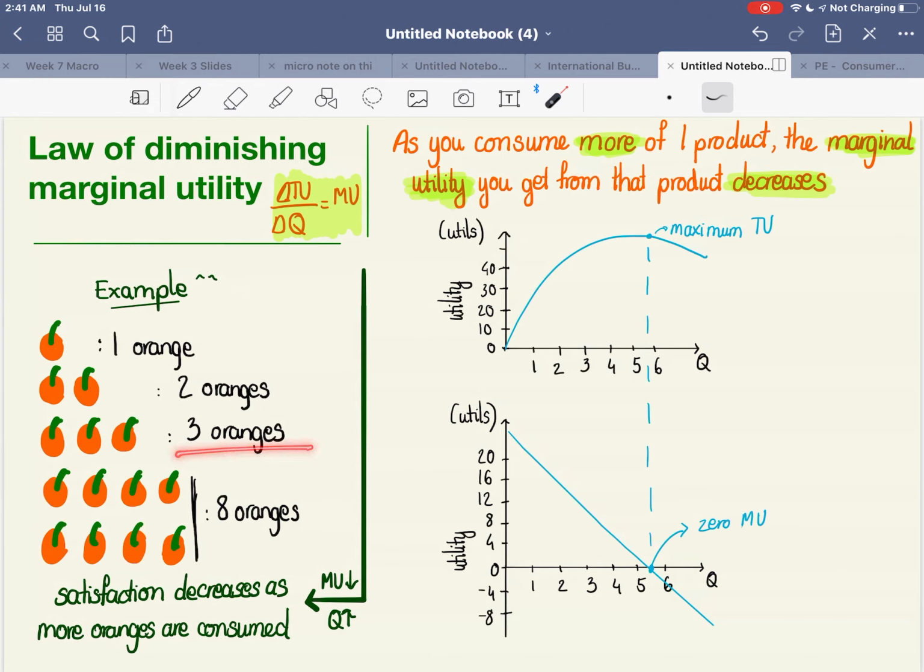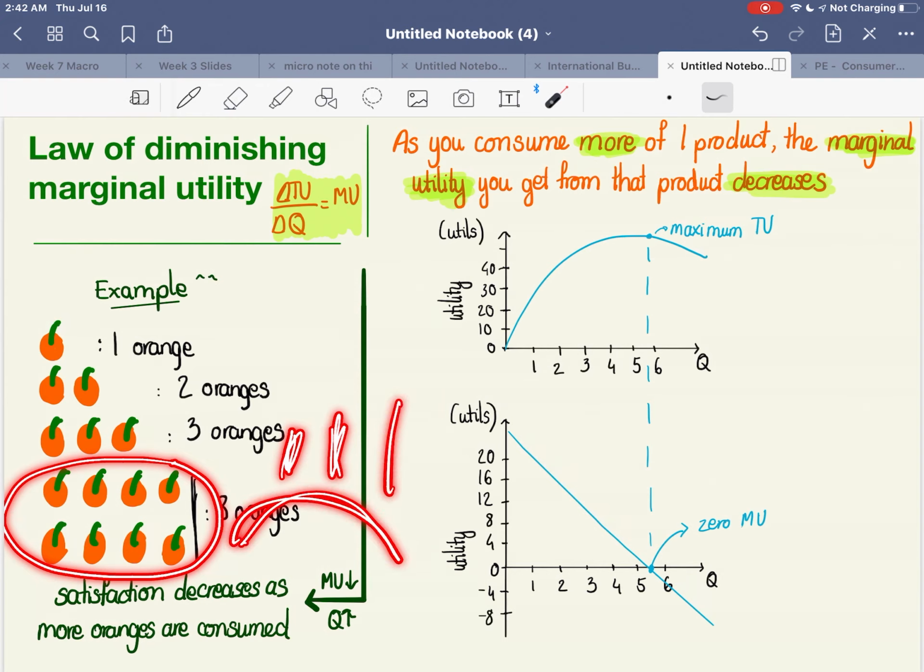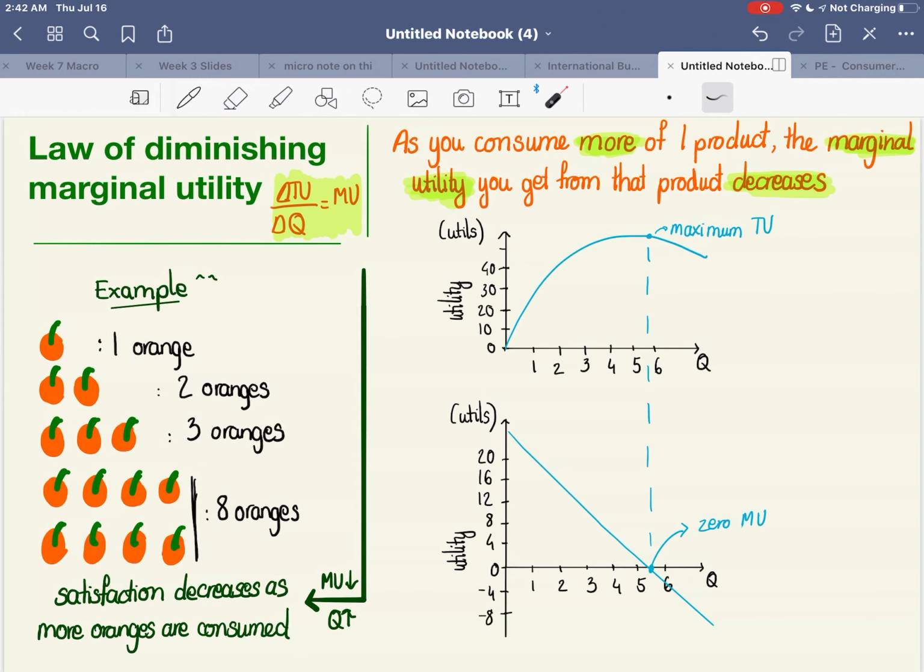The third orange would not give you as much satisfaction as the second one. And if you eat 8 oranges in a row, you would not be loving to eat oranges for the whole week. That is how the law of diminishing marginal utility works. In other words, your satisfaction will decrease as you consume more oranges.